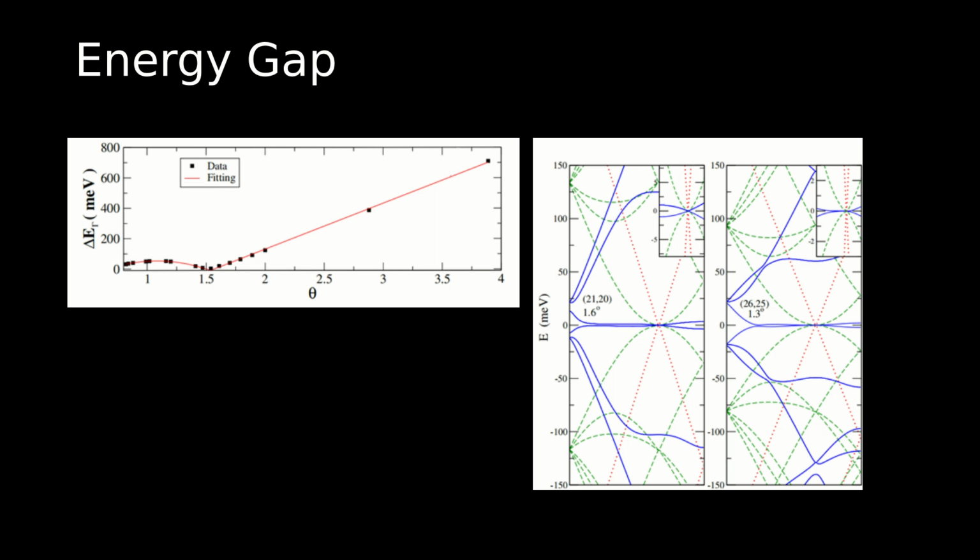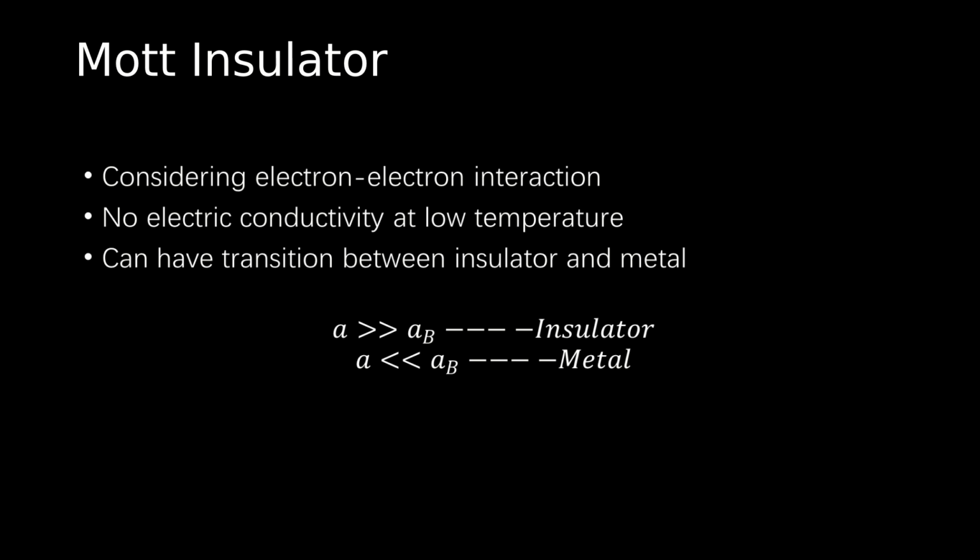The mixture of them shows that there's simply no difference between a conduction band and a valence band for slightly twisted bilayer graphene.